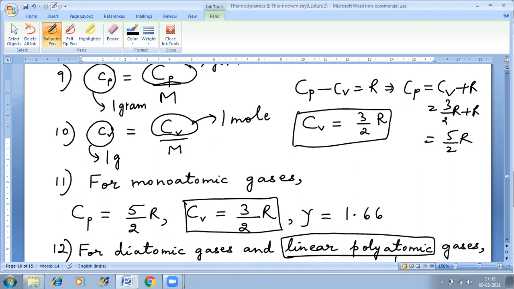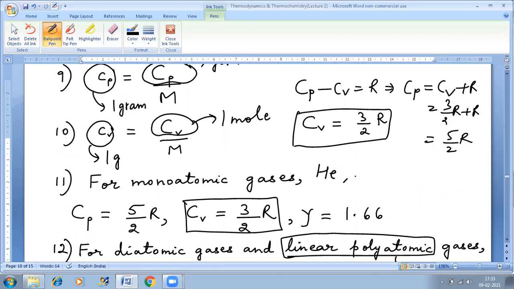Now, what is the value of the Cv? For monoatomic gases, we have Cv, that is capital Cv, the molar heat capacity at constant volume, as 3 upon 2 R, where R is again 8.314. So you have to remember that capital Cv is 3 by 2 R for monoatomic gases. Now, what do you mean by monoatomic gases?